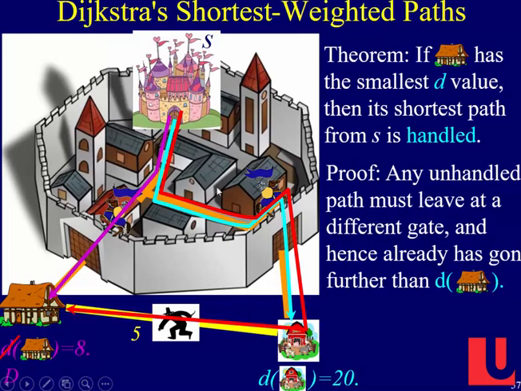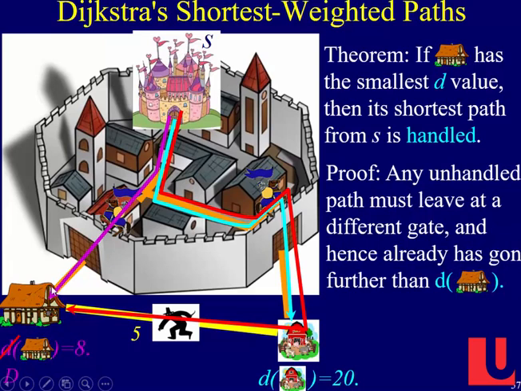So the length of that path so far is handled because it's wiggling around and then it leaves. So the length of that piece is given by the d value, and that d value is bigger than its d value, so that's not a better path. All right? I think I muddled that a little bit. Let me say it again.